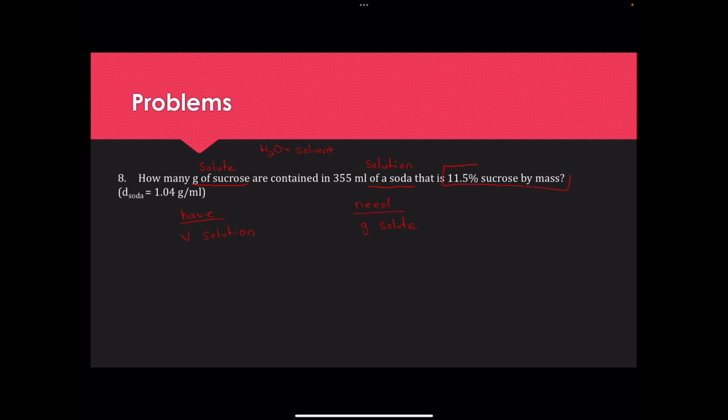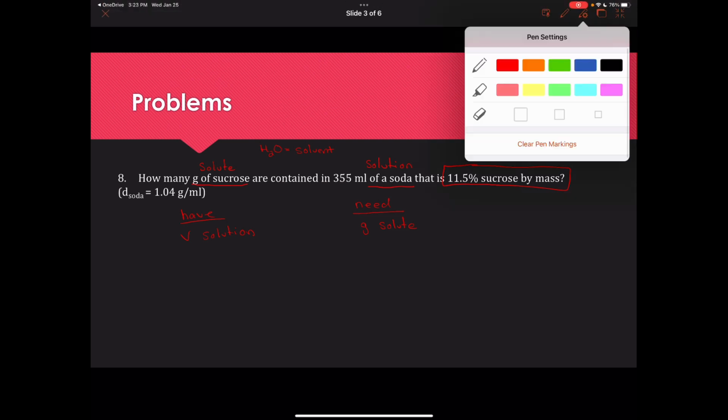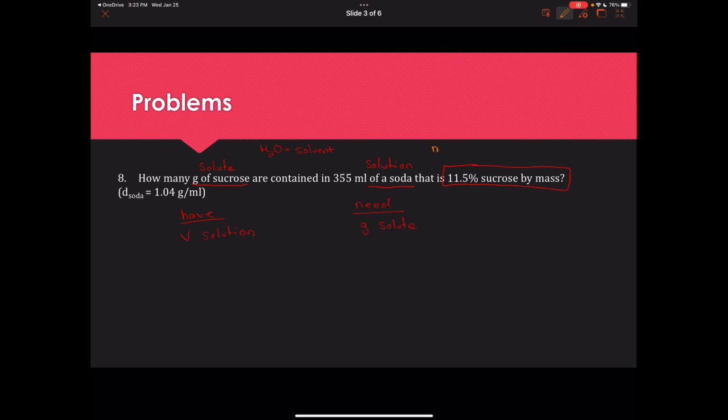And my concentration is a mass percent concentration. It's 11.5% sucrose by mass. When we look at that concentration, that 11.5% means that I have 11.5 grams of sucrose present in 100 grams of my solution.